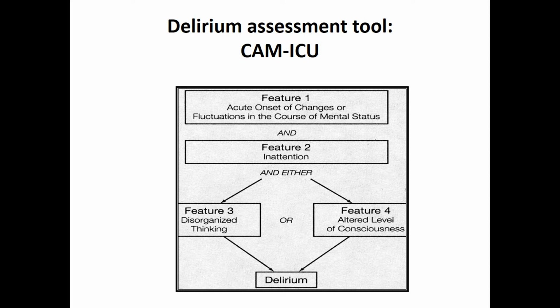Without those two features, you cannot call what you're observing delirium. And then you have to have one of the other two features of either disorganized thinking or an altered level of consciousness. Lacking one of those features, you can call it potentially something known as subsyndromal delirium. But for the purposes of this talk, we'll just talk about the more established diagnosis with all of its associated features.